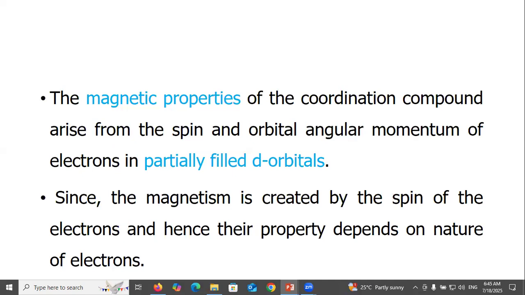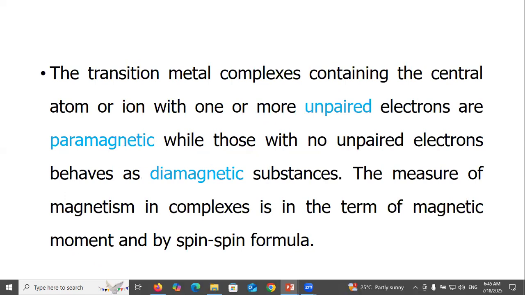Since magnetism is created by the spin of the electrons, the property depends on the nature of electrons. Transition metal complexes containing the central atom or ion with one or more unpaired electrons are paramagnetic, while those with no unpaired electrons behave as diamagnetic substances.